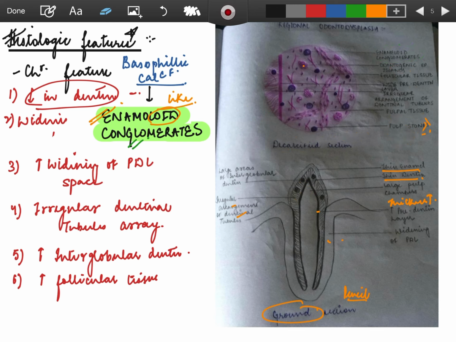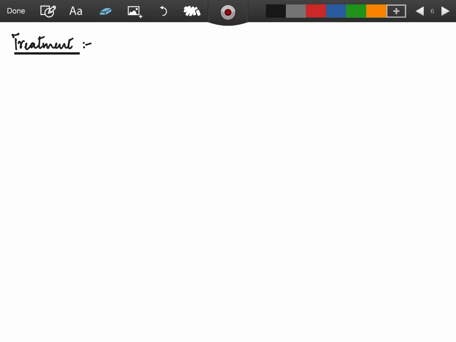These are the two diagrams you have to draw in your exam.